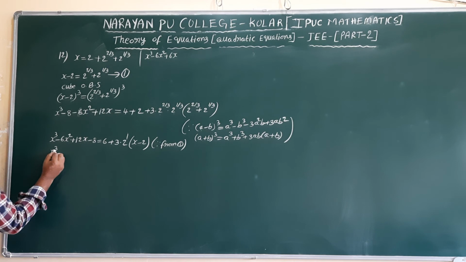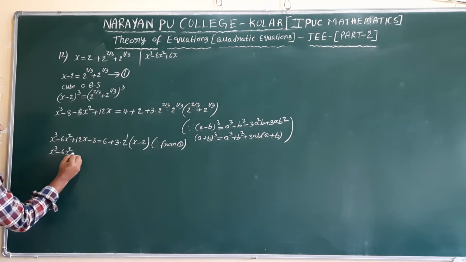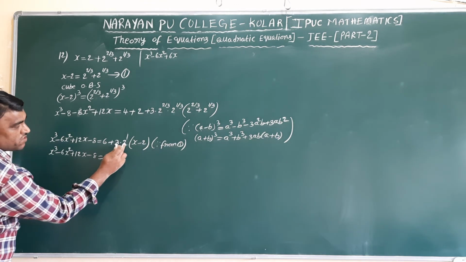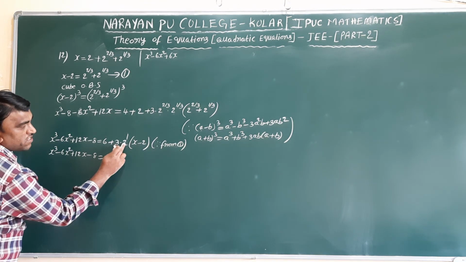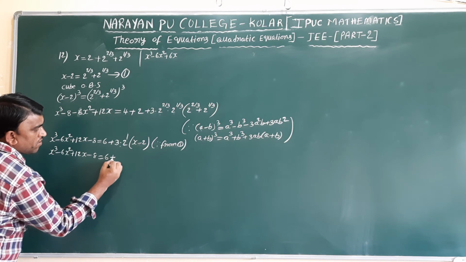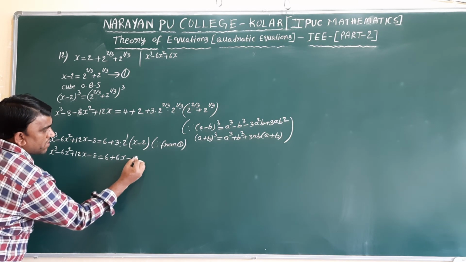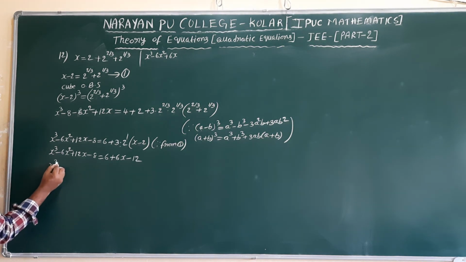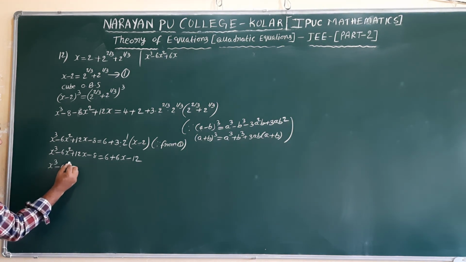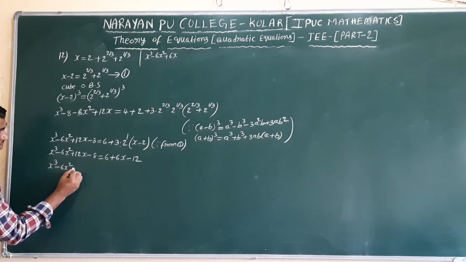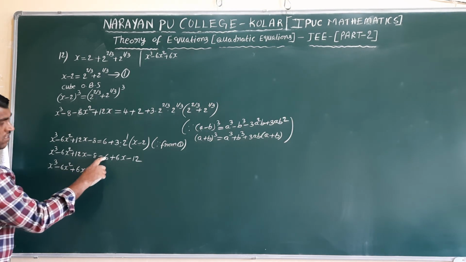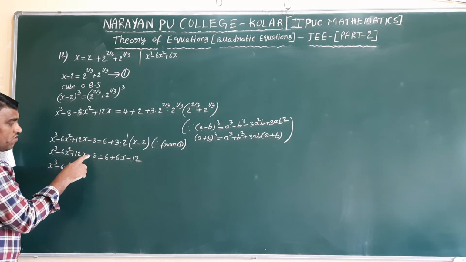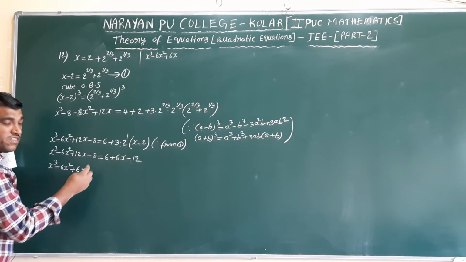Now x cube minus 6x square plus 12x minus 8 equals 3 twos are 6, multiplied with this: 6x minus 12. Sending all these values to the left side: x cube minus 6x square, 12x minus 6x is 6x, minus 8 plus 6 is minus 2.